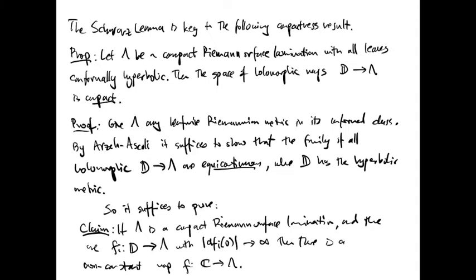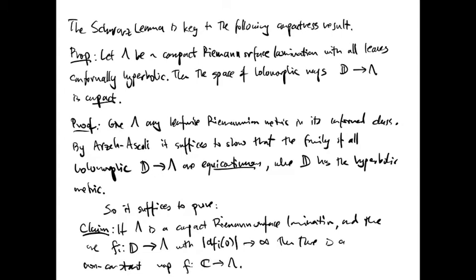We are now in a position to prove the following key compactness result. Let lambda be a compact Riemann surface lamination with all leaves conformally hyperbolic. Then the space of holomorphic maps from the unit disk to lambda is compact. Let's begin the proof.